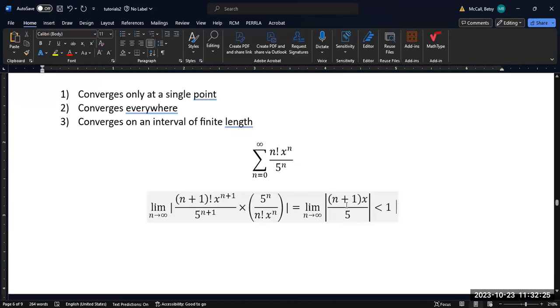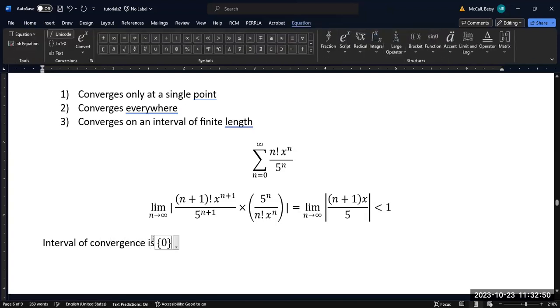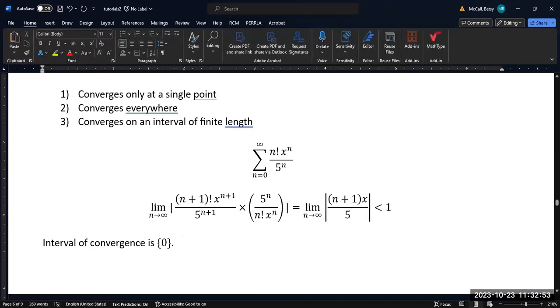But when x is 0, or if we had a term like x minus 1 or something like that, then when x was equal to that constant, then this whole expression is 0, and the value of n doesn't matter. And so the interval of convergence is actually just a single point. It's at the point 0, and therefore the radius of convergence is also 0.